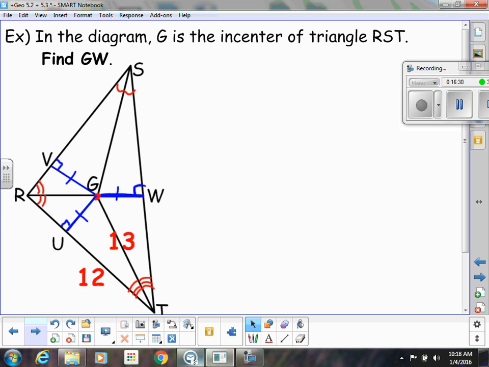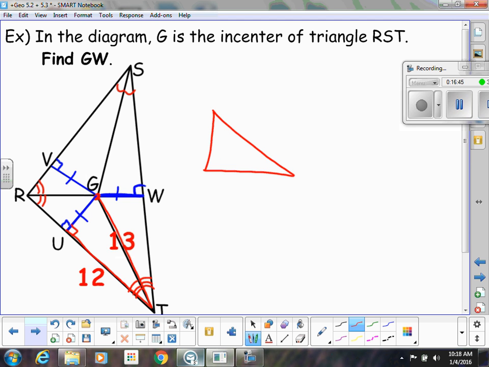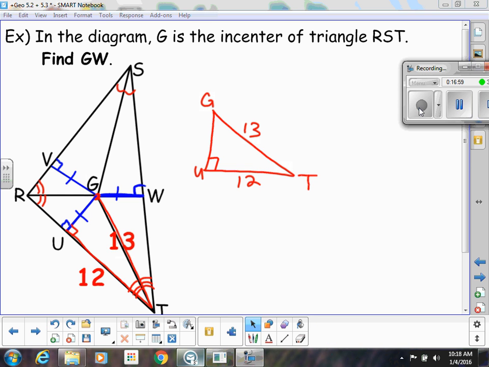Now it might be confusing, but they're labeling this side right here 13, and this side right here 12. So we need to use that to help us figure out what this GU is. Notice that makes a right triangle. So what can we use to find the third side of that right triangle? The Pythagorean theorem. We'll call this x.